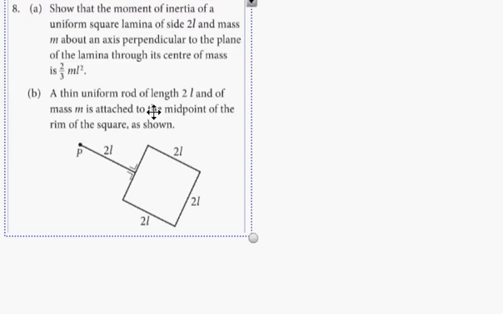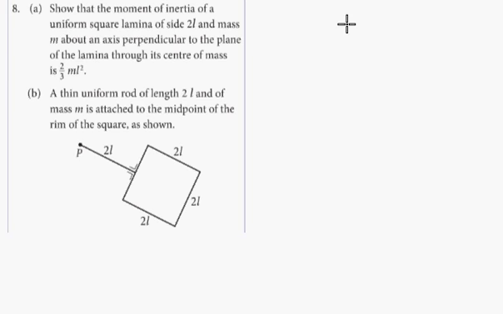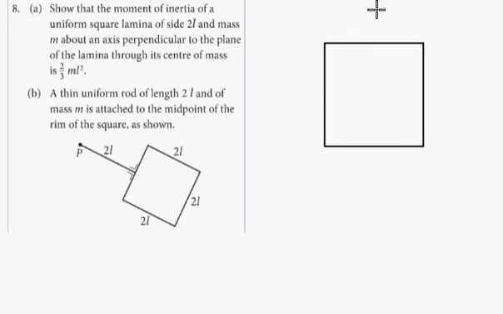Now, show that the moment of inertia of a uniform square lamina of side 2L and mass m about an axis perpendicular to the plane of the lamina through the centre of mass is 2 over 3 ml squared. So if you remember from back, we did a proof for an axis going through the plane.